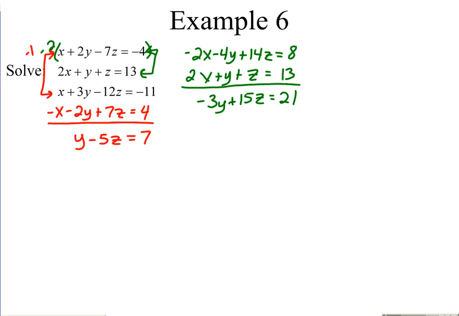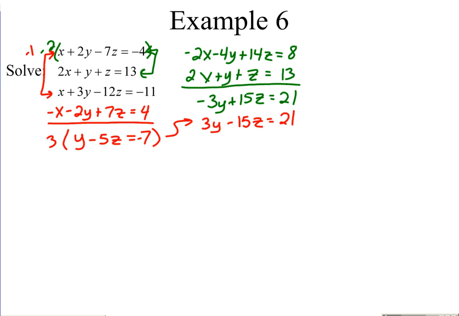From here, take the two equations now that we have in terms of y and z, solve them by substitution or elimination. If I multiply this equation we just found right here by 3, move it up here to eliminate y. So we get 3y minus 15z equals 21.